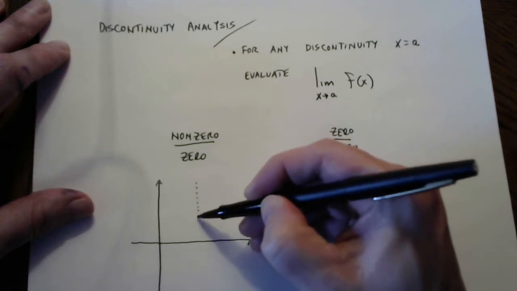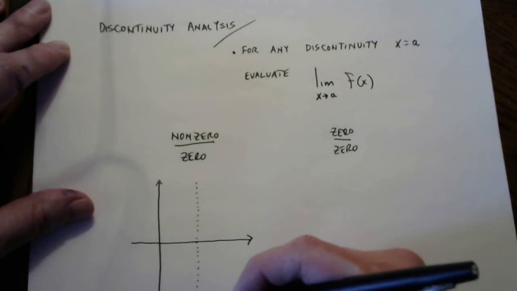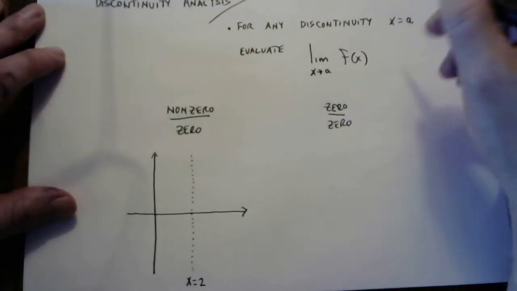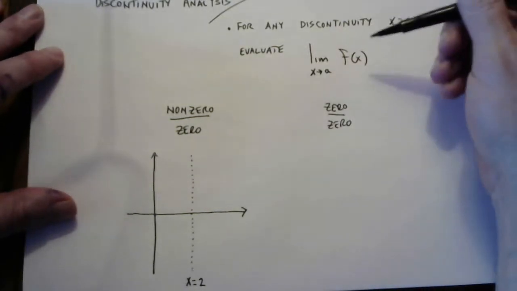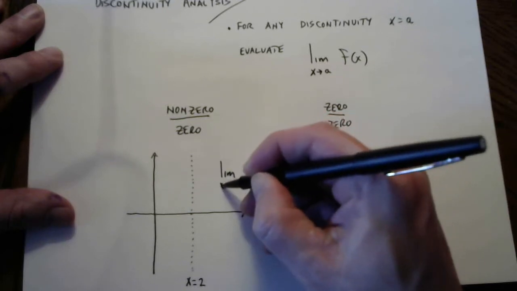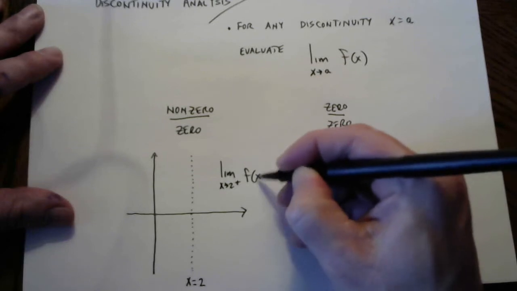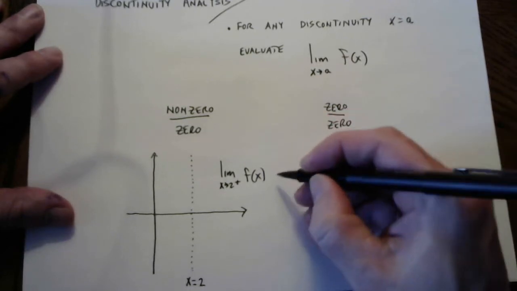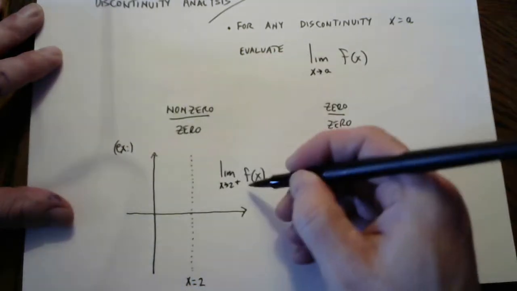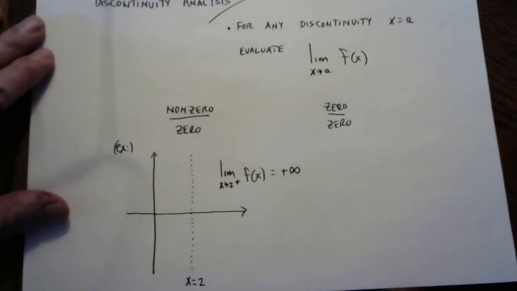I'll just pick a number as an example, let's say 2. So I find out this is a discontinuity, and what I would do is evaluate this limit. This would be on the right, and this is just an example. I don't even know what the function is. On the right of 2, I'm going to positive infinity.